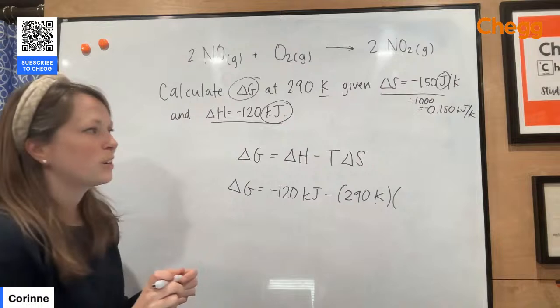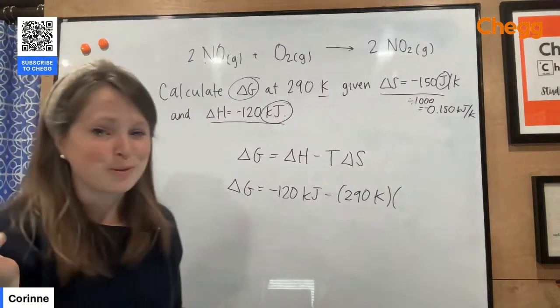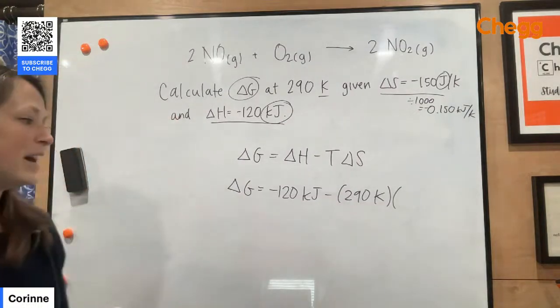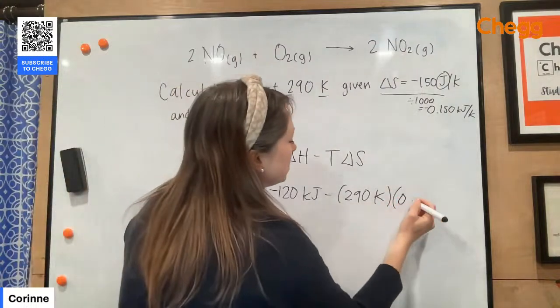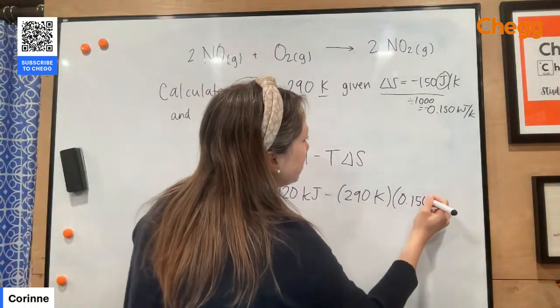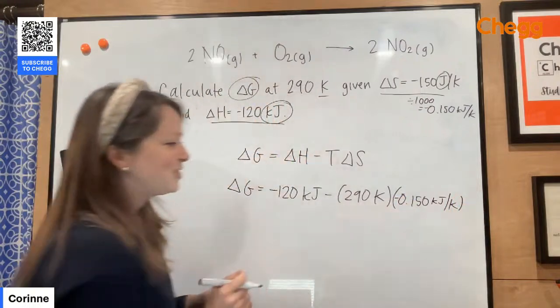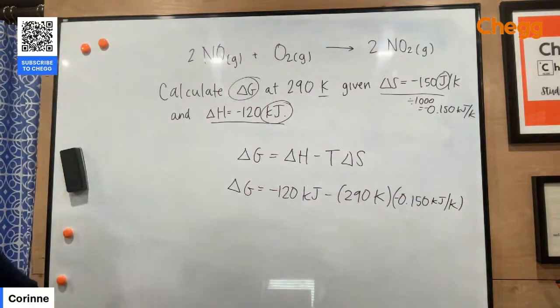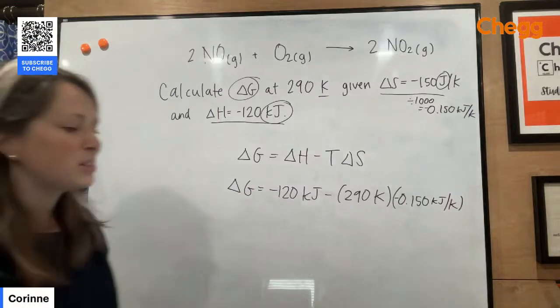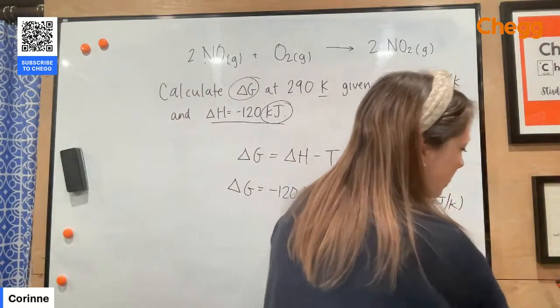A quick trick with that, if you're dividing by 1,000, you're just going to move your decimal over 3 places to the left. So that's just going to be negative 0.150 kilojoules per Kelvin. Be careful, you don't want to lose your sign here because that's going to make a big difference if you're trying to figure out whether or not this is a thermodynamically favorable process.